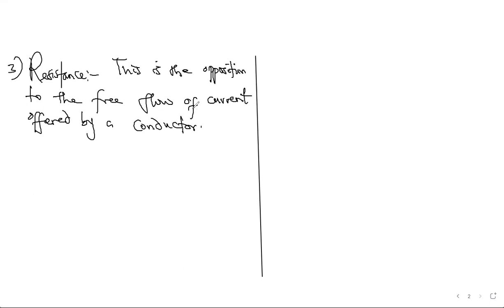Every material has resistance. Every conductor has resistance. The higher the resistance, the higher the opposition to the free flow, the more difficult it is for current to flow through that material. A measure of that difficulty is the resistance.